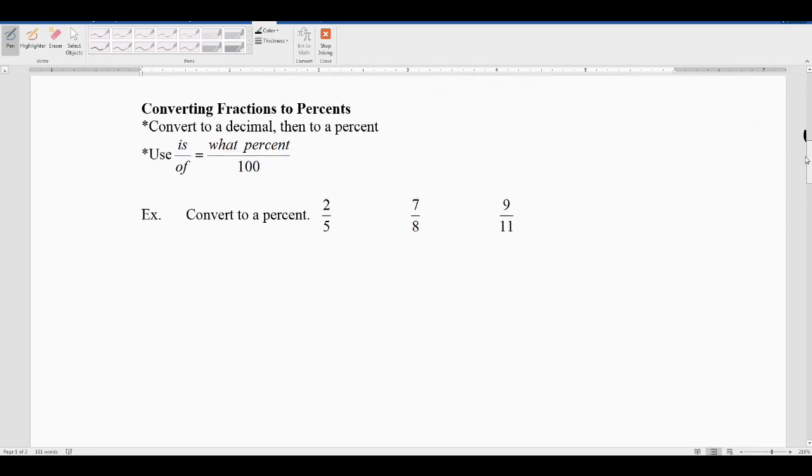Now let's convert fractions to percents. There are a couple ways of doing this. We're going to use decimal approximations if we need to. One way is to first convert to decimal and then to percent, or we can use this little formula, is over of equals percent over 100. I'm actually going to do them both ways. Start with 2 over 5.